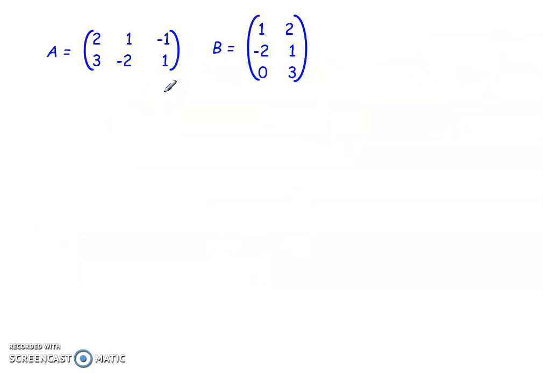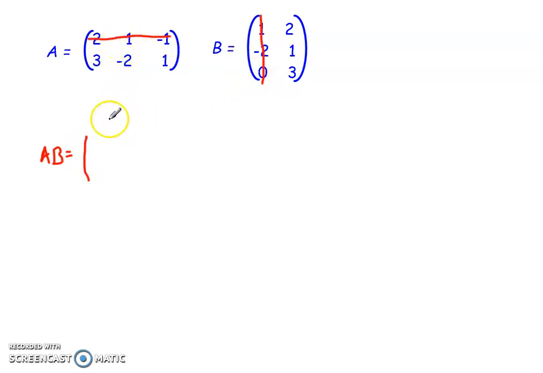So the first one, AB, we just have to remember to follow the steps that I told you about before. So I'm going to take the first row in A, and I'm going to say, right, the first row in A times the first column in B gives me element 1, 1 in my solution.